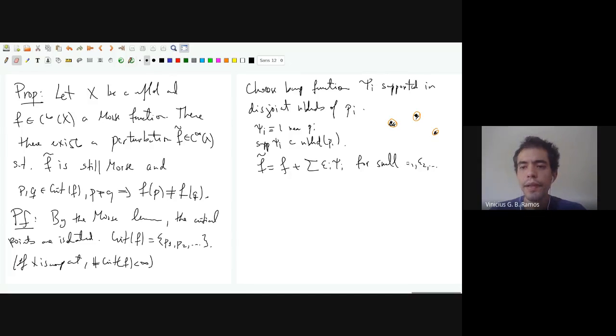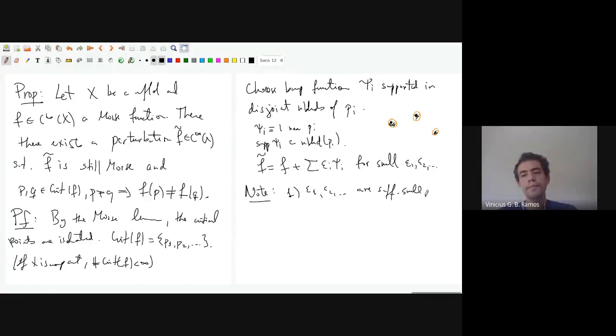And now you note that if epsilon 1 and epsilon 2 are sufficiently small, then you don't create any new critical points. So the critical points are the same as the critical points of f.